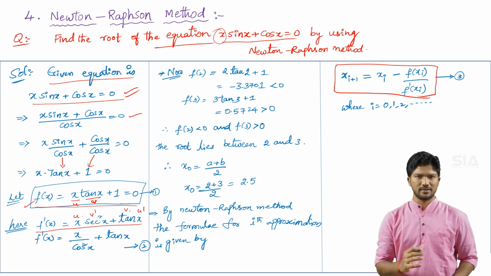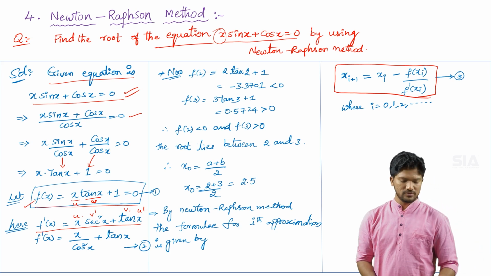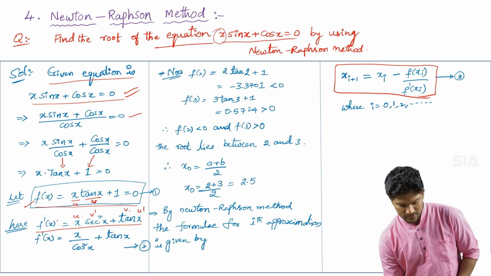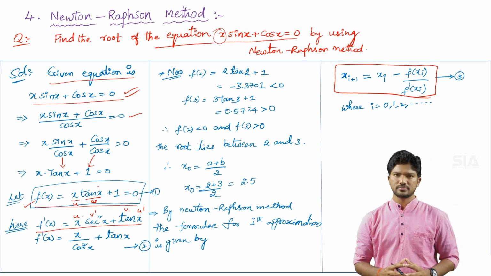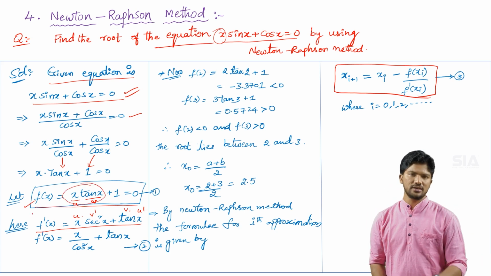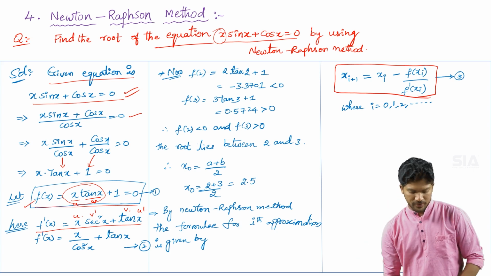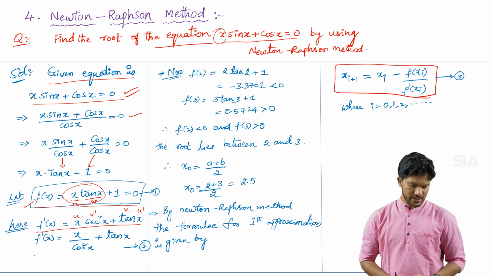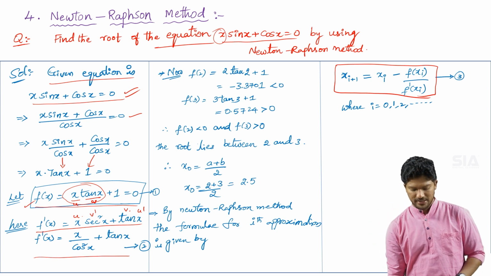So that is tan x only. For x tan x we are applying the u into v method, and plus 1 constant differentiates to 0. So f dash of x is equal to x secant square x, you can write x into 1 by cos square x, plus tan x.